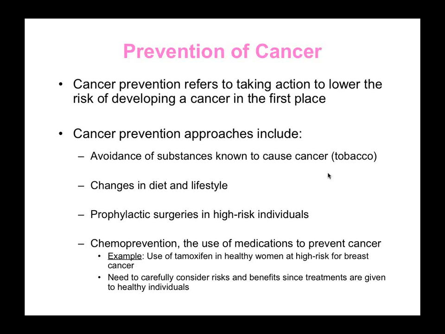So there have been many efforts to look at chemopreventative drugs in various cancer types for various patient populations, but it's always really important that with these kinds of studies, the utmost care and caution needs to be exercised and risks and benefits carefully considered, since you're giving treatments with potential toxicity and side effects to otherwise healthy individuals. So they have no cancer yet. They are at elevated risk for cancer, but they have no cancer yet.